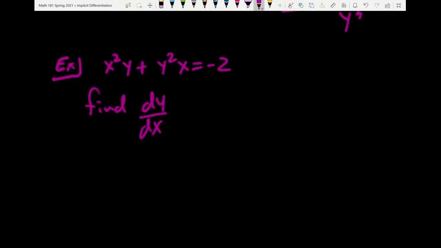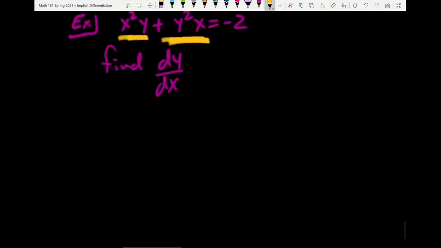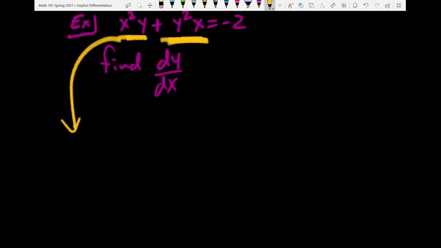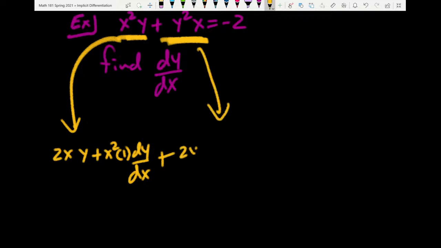All right, so this one is a little bit tricky because you have two product rules going on. So let's look at this first one. 2xy plus x squared dy/dx. Here comes the second part. 2y dy/dx times x plus y squared times 1 equals 0.